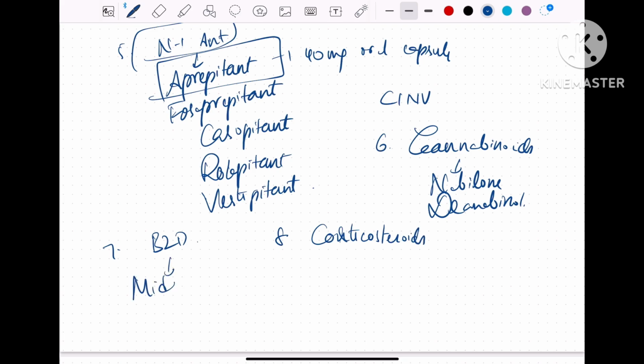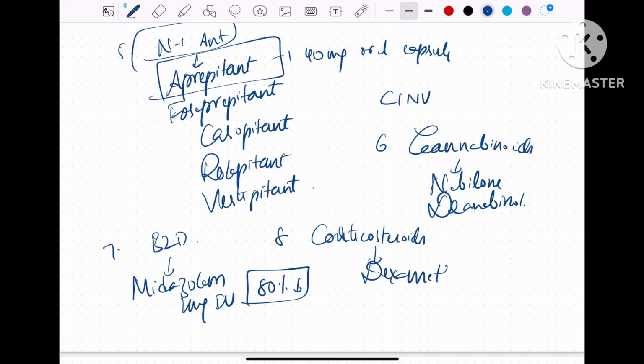Benzodiazepines: midazolam 2 mg IV given 30 minutes prior to the end of surgery gives an 80% decrease in the incidence of nausea and vomiting in patients. And corticosteroids, dexamethasone, is used.